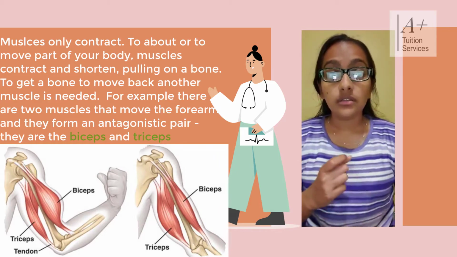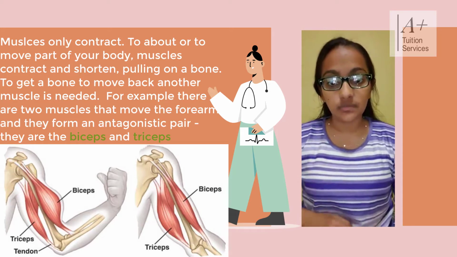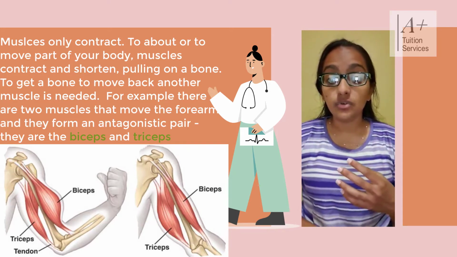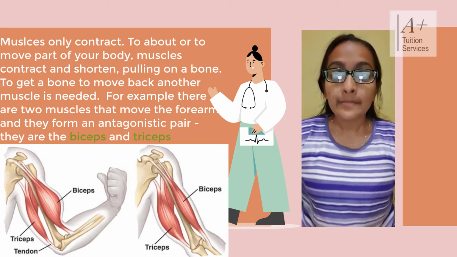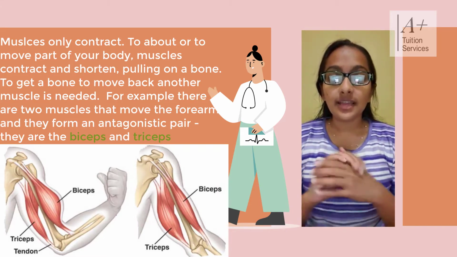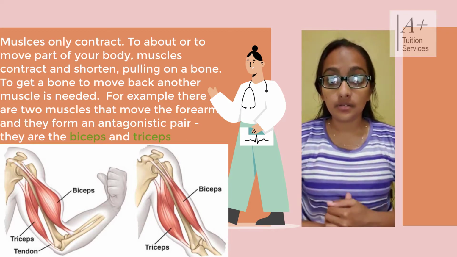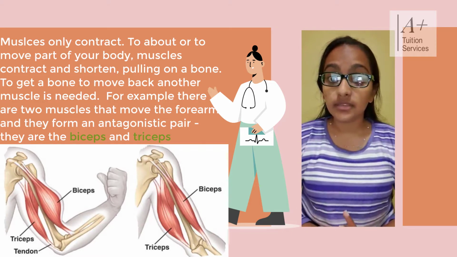To get a bone to move back to its original position, another muscle is needed to work against the muscle that pulled the bone. This is where you have your antagonistic pair of muscles coming in, and an example of these two muscles is those that form the movement of the forearm.